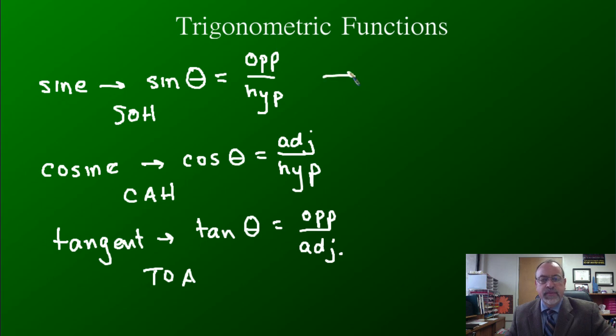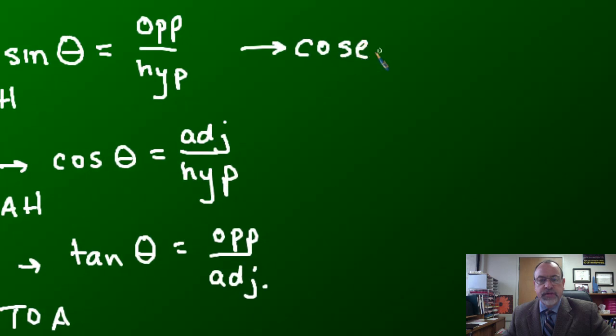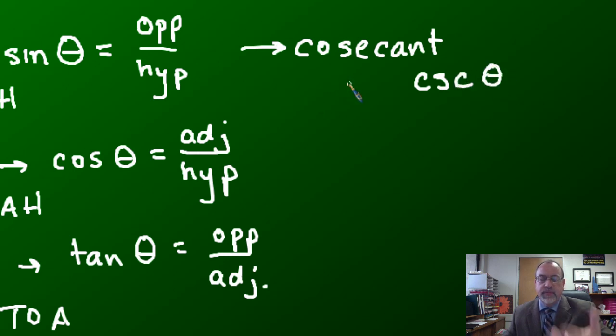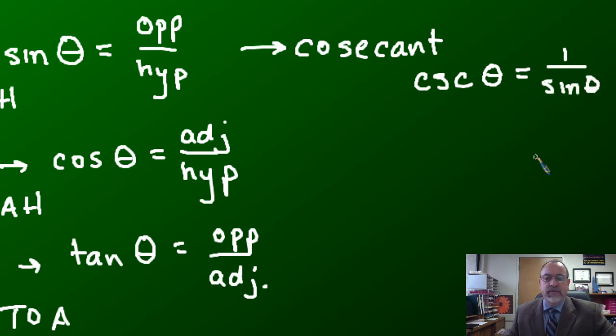So the reciprocal of the sine function is what we call the cosecant function, spelled cosecant. Its abbreviation is CSC. And the cosecant is the reciprocal of the sine function. You'll see this written as 1 over the sine later on, and we'll just introduce it now.